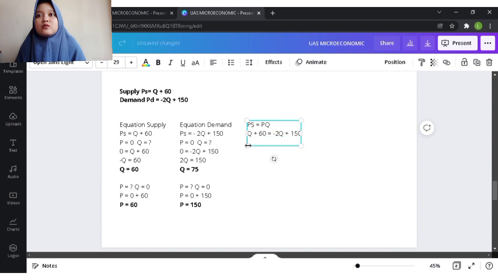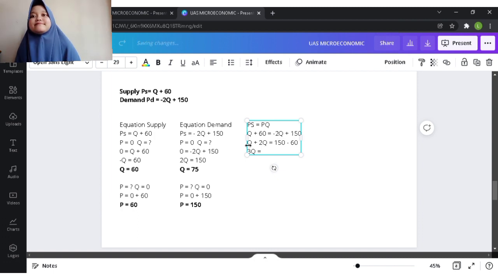We move 2K to the left side, and move 60 to the right side. Then we get 3K equal to 90 and K equal to 30.